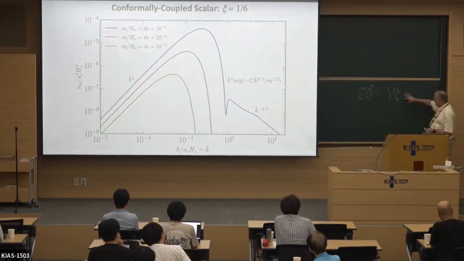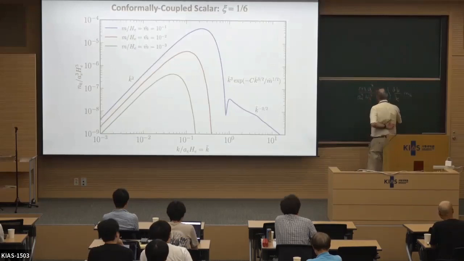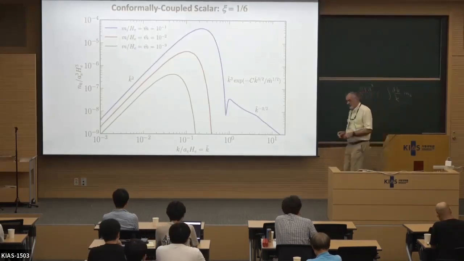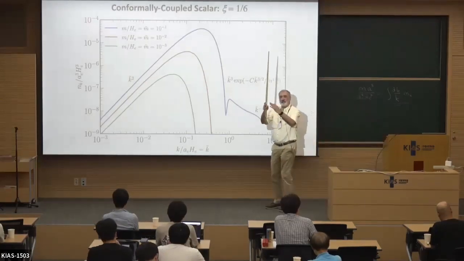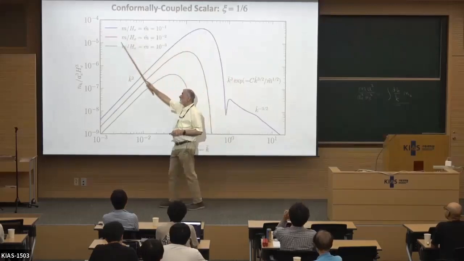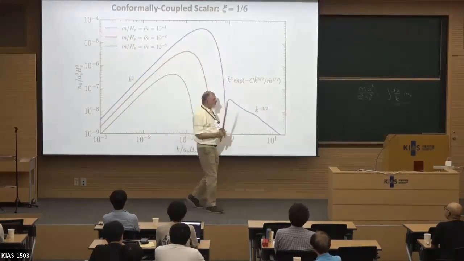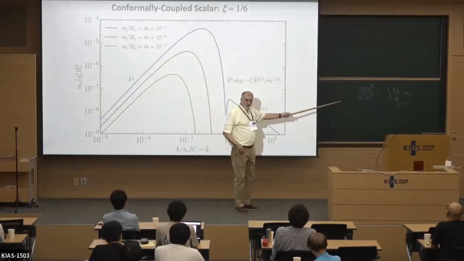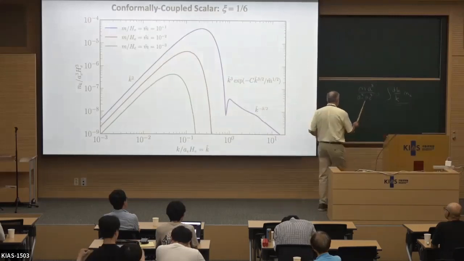So this is d log k. If you want to know what the value of this integral is going to be, a good approximation, since this is a peaked function, is to just take the value here, and you see it's around 10 to the minus 5. To get a better answer, you would do the integral, and I'll do that in a moment. But this is what we want to do.